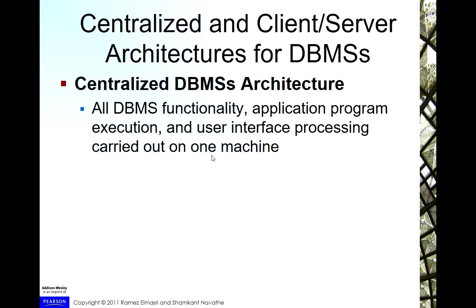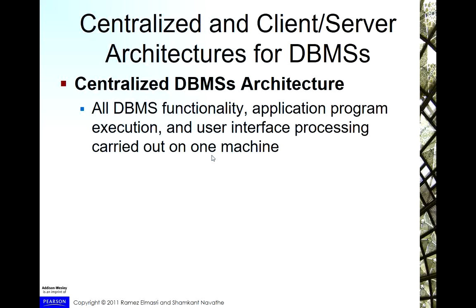Centralized and client-server architecture for database. We did talk about them briefly. Centralized database management system architecture: we said the database system, application programs, and user interfaces are all carried out on one machine.